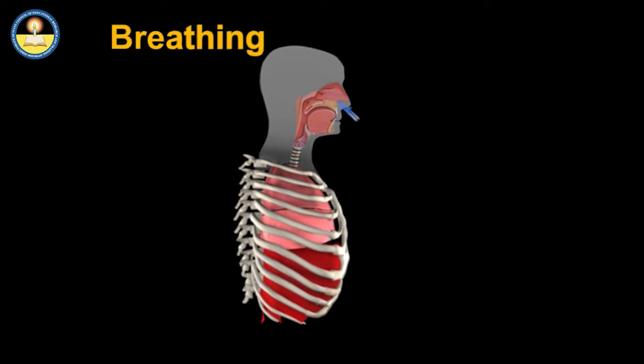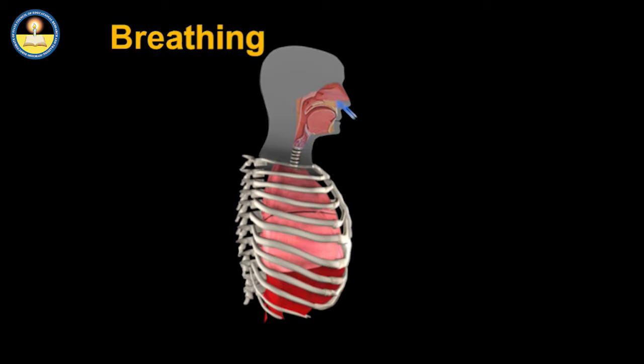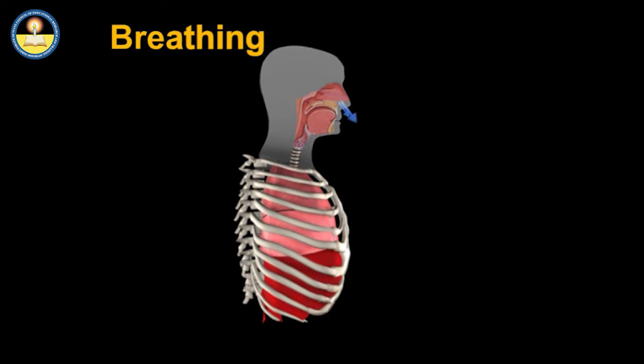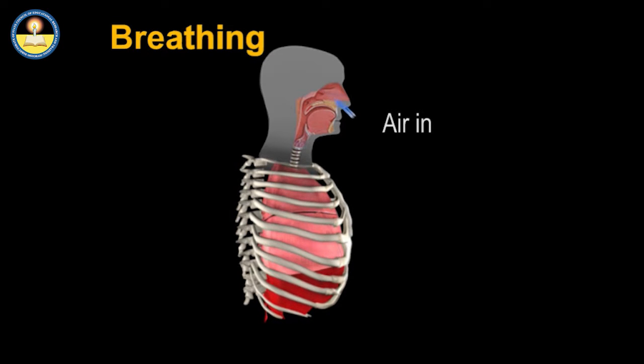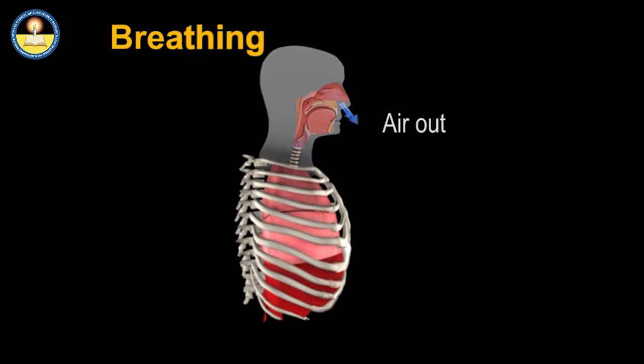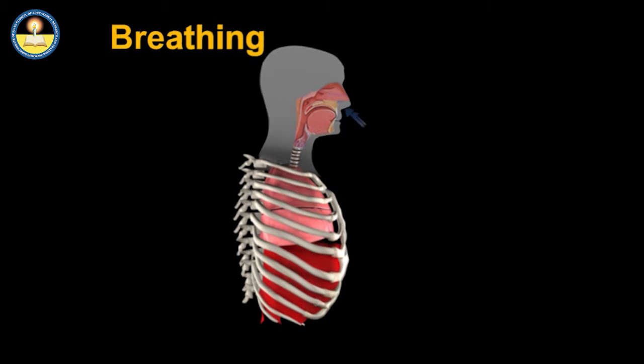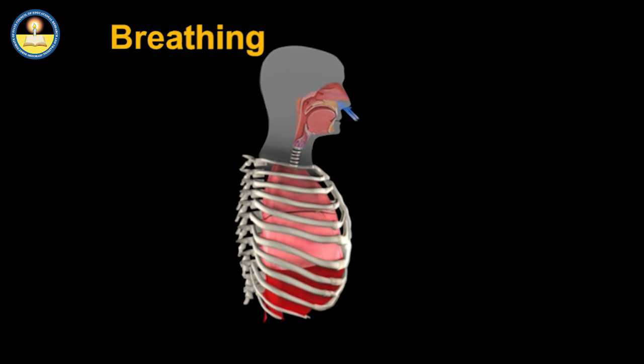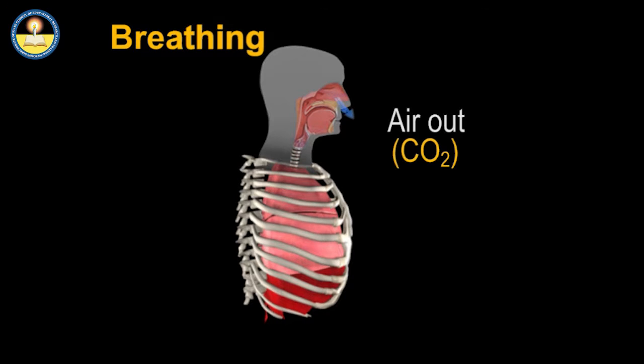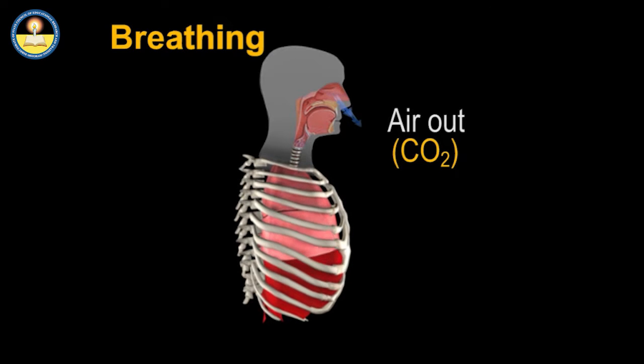Or we may say breathing is the physical act of inhaling and exhaling. Through breathing, we are able to move air in and out of the lungs. Once the gases are exchanged, breathing also serves the purpose of removing a waste gas like carbon dioxide.